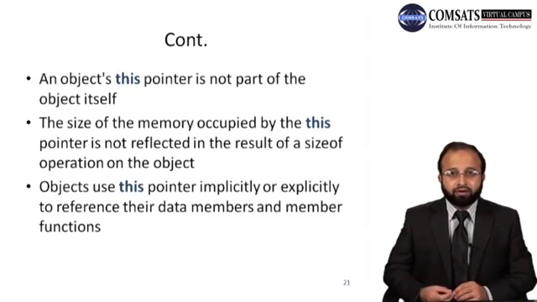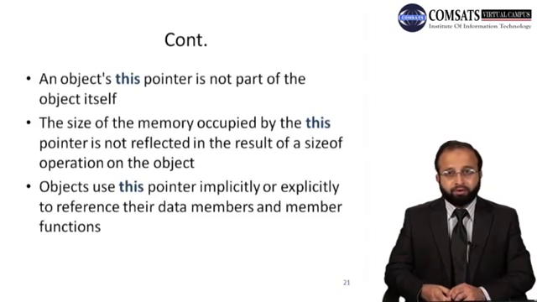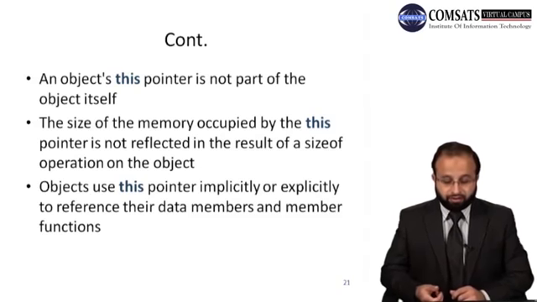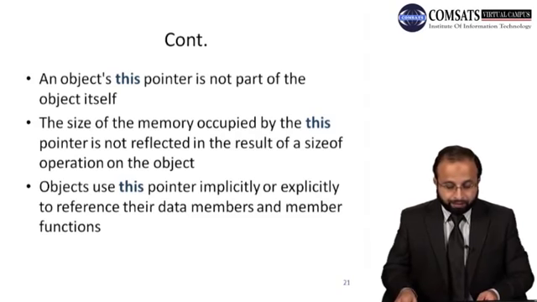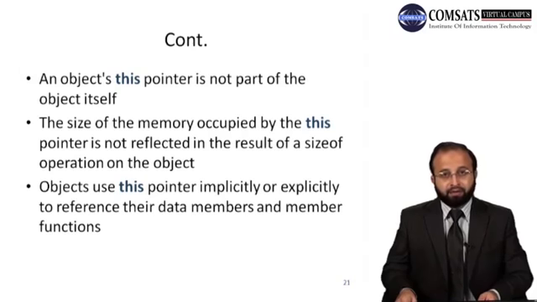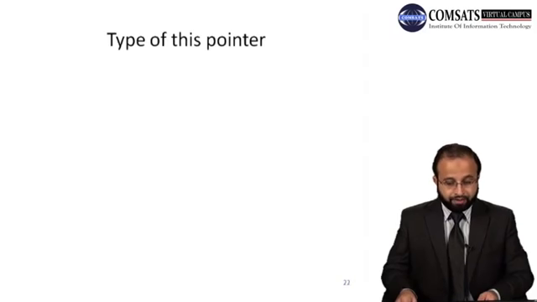It knows because the compiler provides this pointer to the getHours function when that object called that function, and this pointer is the pointer to the object that called that function, right? So objects use this pointer implicitly or explicitly to reference their data members and member functions.